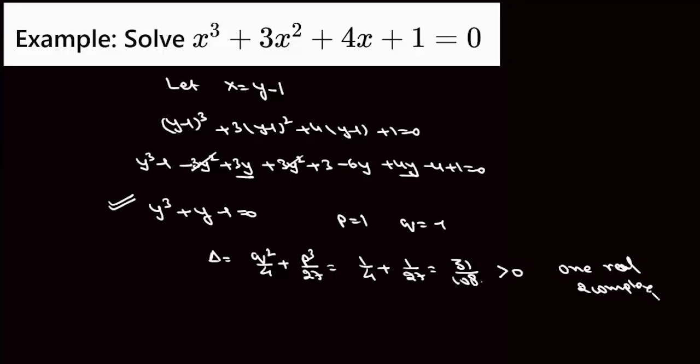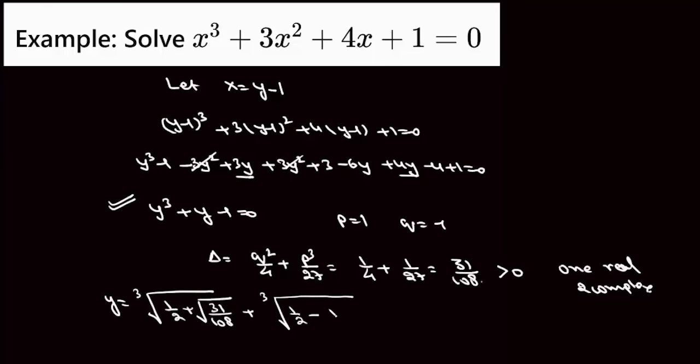Now first we'll write its real root. We know this y will be the cube root of minus q by 2 plus under root delta, and minus q by 2 will be 1 by 2, so it is cube root of 1 by 2 plus under root 31 by 108, plus cube root of 1 by 2 minus under root of 31 by 108.